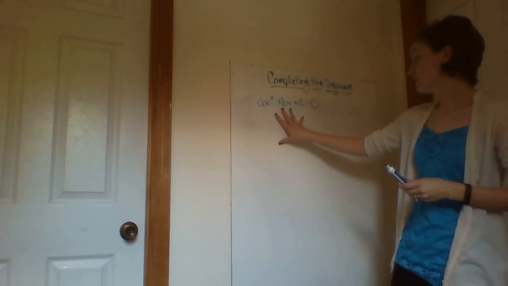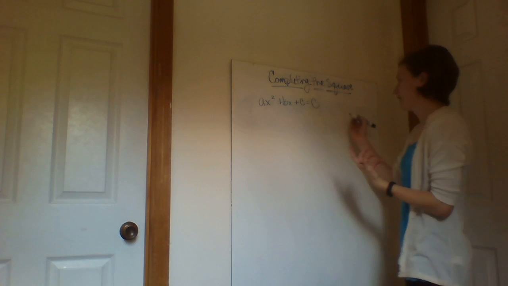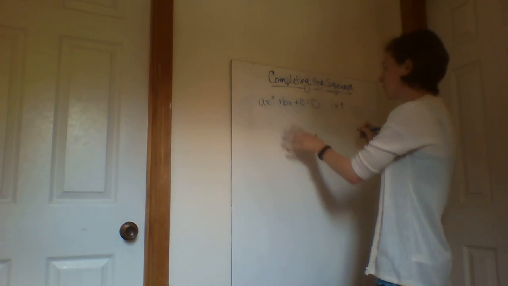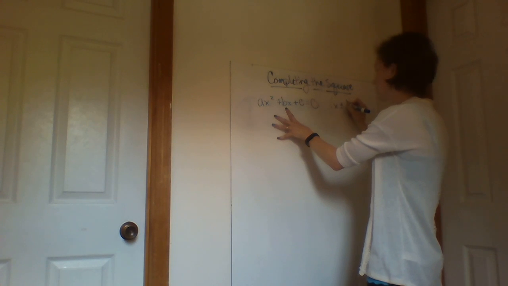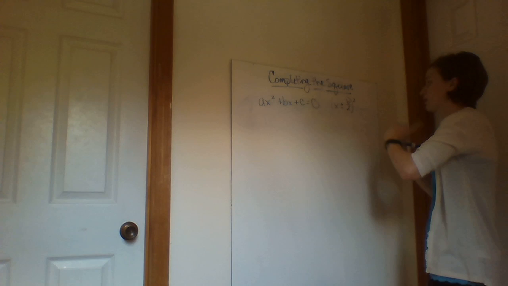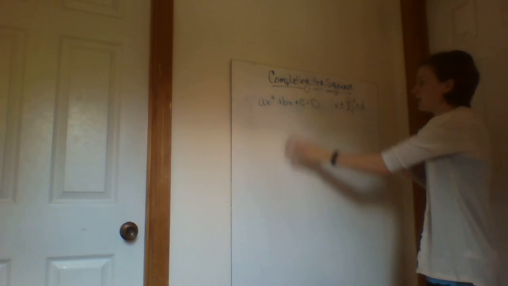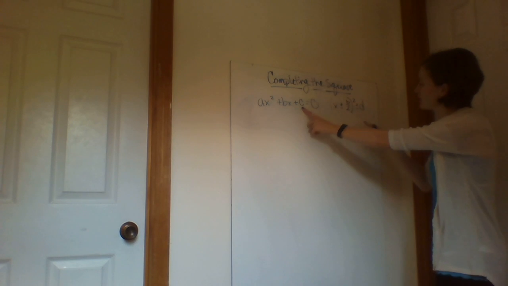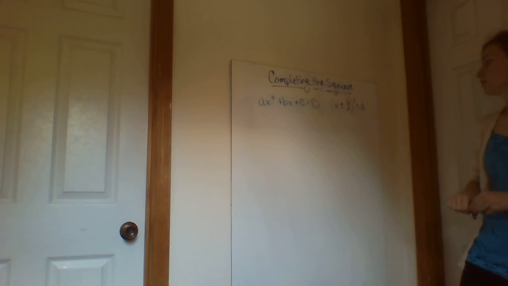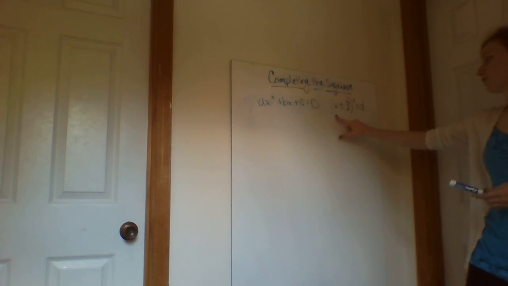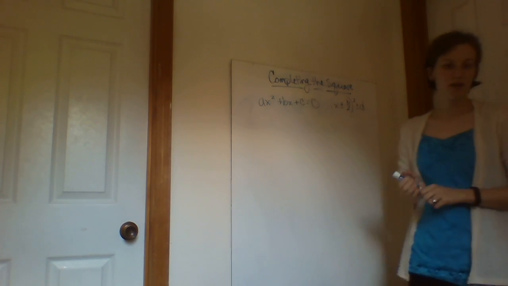So we have this instead, and this one we're trying to get into the form of x plus or minus some number, which we're going to see later is b all over 2, all of that number squared, plus or minus some other constant d. And it's not the same constant as this c, it's going to be a little different. So we'll get into that in a little bit. But this is the form that we're looking for at the end.